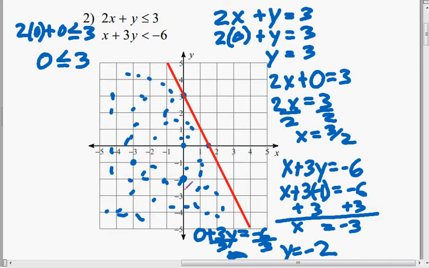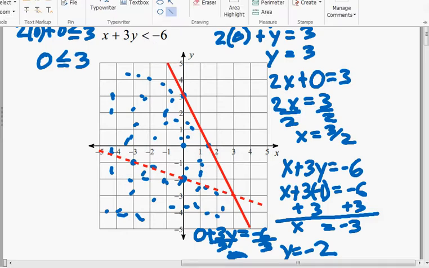So x is 0. X is 0 on the y-axis. Y equals negative 2. So I've got 2 points. I can put in my line. So this was my first point. And this was my second point. And I'm going to leave this one as a dashed line because the second one says less than, not less than or equal to.